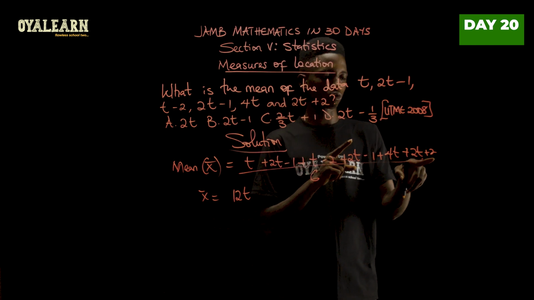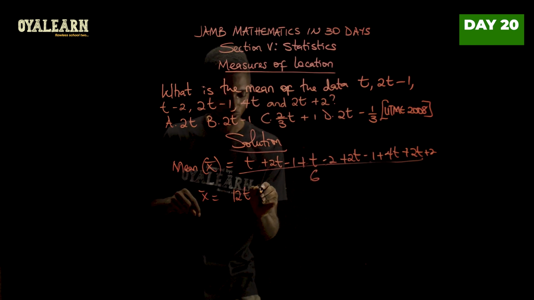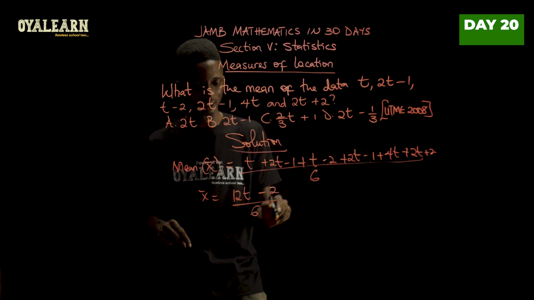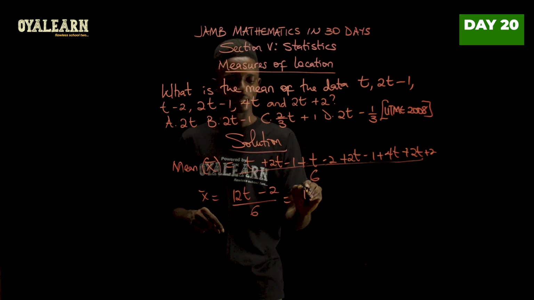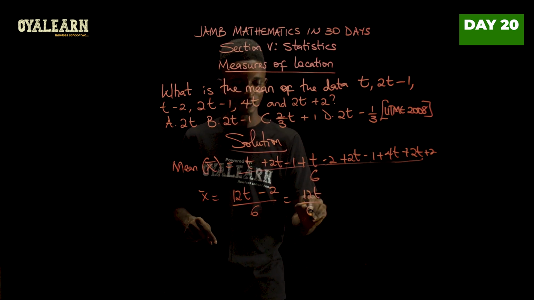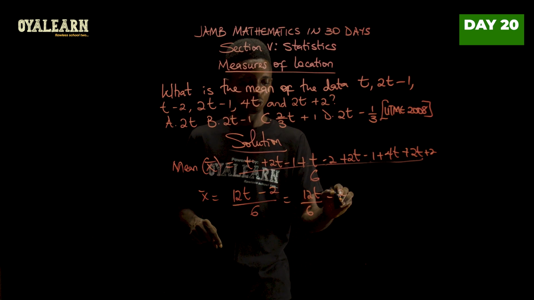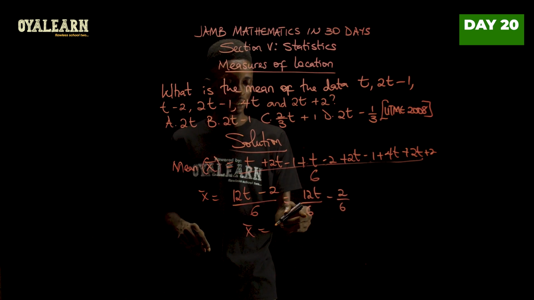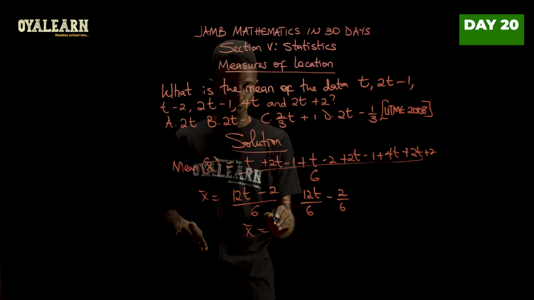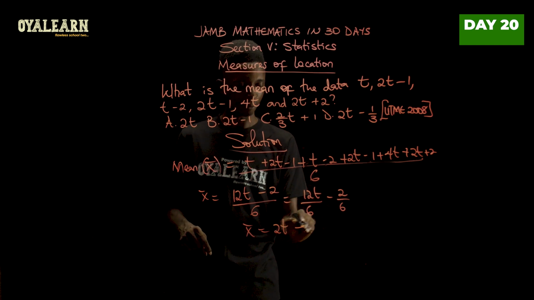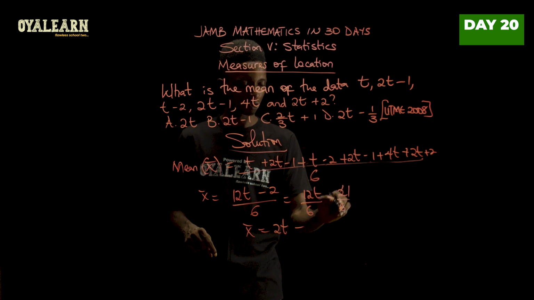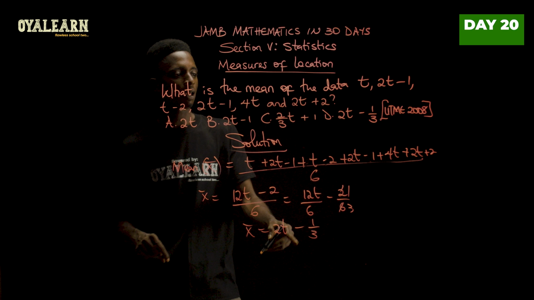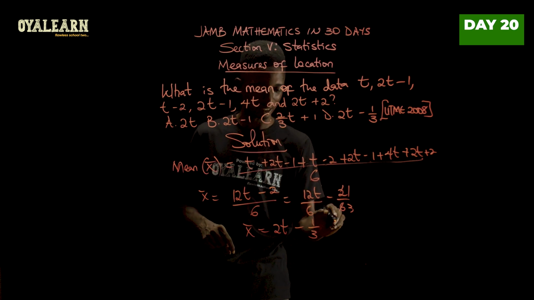And then plus 2, that will give us minus 2, all divided by 6. Now, we can break this and say 12t divided by 6 minus 2 divided by 6. So the mean is therefore, 6 in 12, that's 2, so we have 2t minus, 2 here 1, 2 here 3, so 1 over 3. So our answer is 2t minus 1 over 3. And that is D.